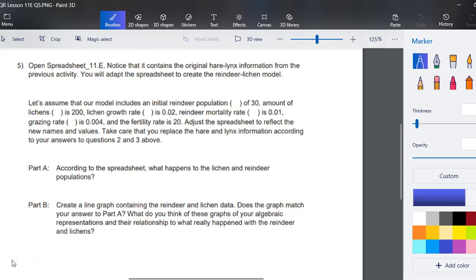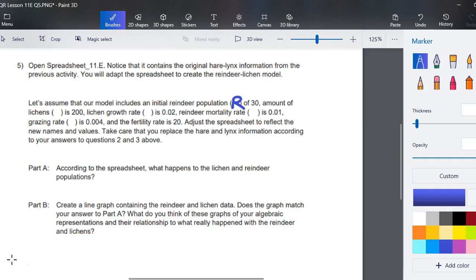Question 5 asks us to open the spreadsheet. Notice it contains original information and we'll need to adapt it by creating our reindeer lichen model, and we already have that started. Let's assume that our model includes an initial deer population, which we will call population R, and we're going to call it R, and it is 30.